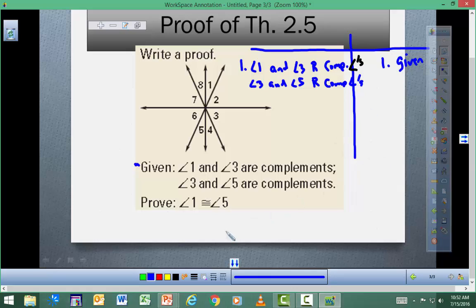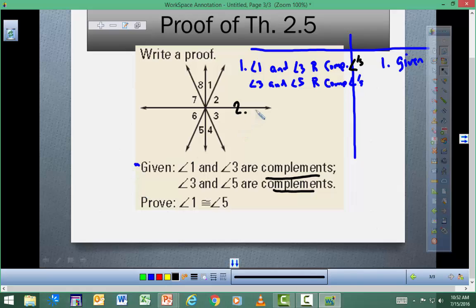So here's a common idea again. Whenever you have a vocabulary word, there's a good chance you can use that in your proof. So line 2 is going to be, what does it mean to be complementary? If you don't know, look in the back of the book and find out. They're two angles that add up to be 90 degrees.